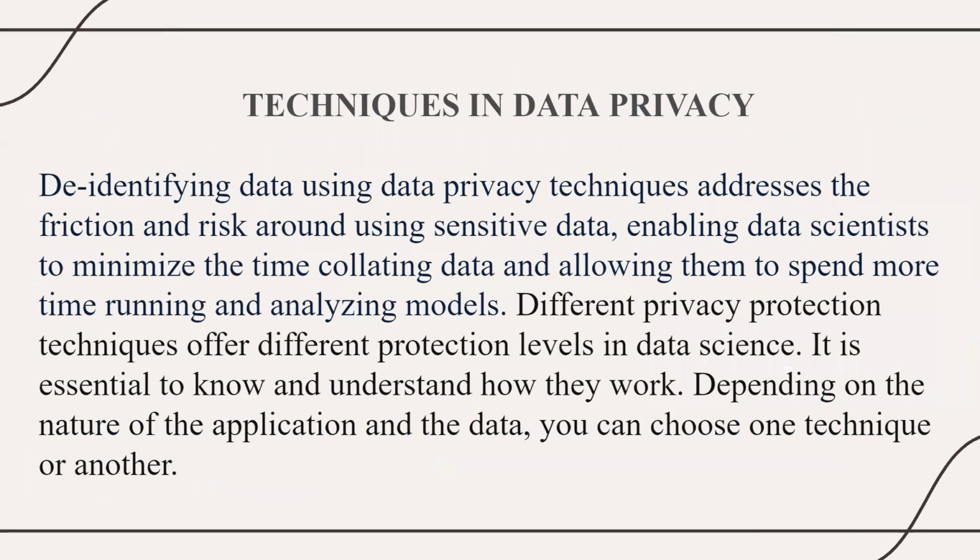So moving forward, we understand why we need to protect our data, some of the types of data privacy out there, and as well what data privacy is. We then want to know, what are the techniques that are involved in data privacy? So de-identifying data using data privacy techniques addresses the friction and risks around using sensitive data.